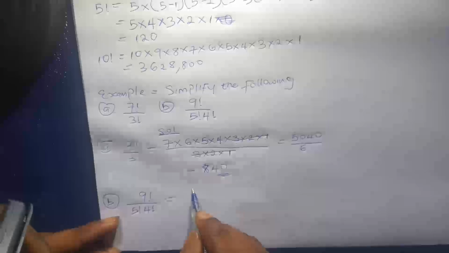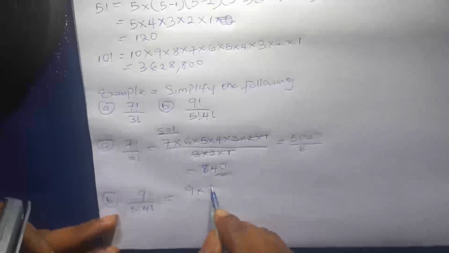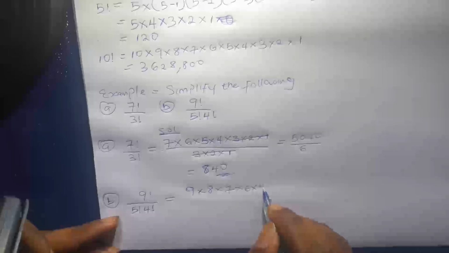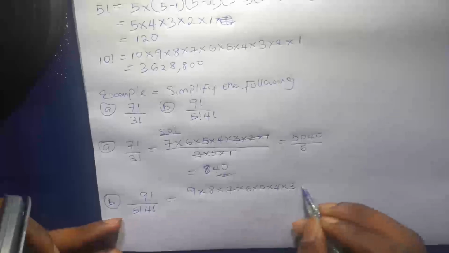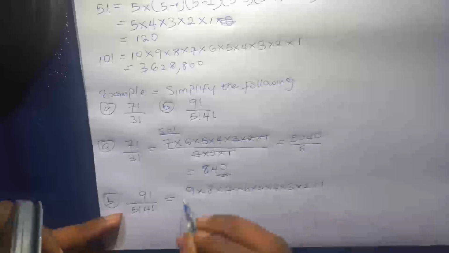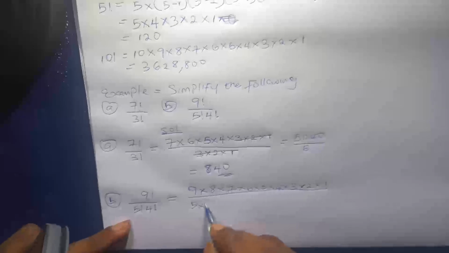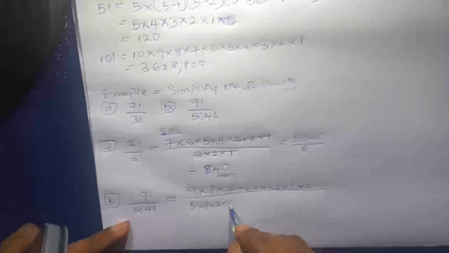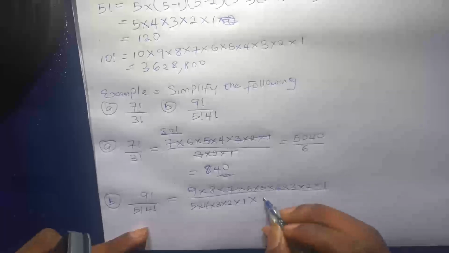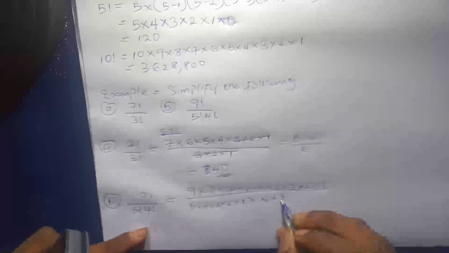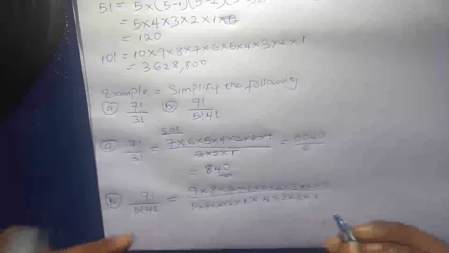Then again, you just solve for it. 9 times 8 times 7 times 6 times 5 times 4 times 3 times 2 times 1 divided by 5 factorial, which is 5 times 4 times 3 times 2 times 1, multiplied by 4 factorial, which is 4 times 3 times 2 times 1.